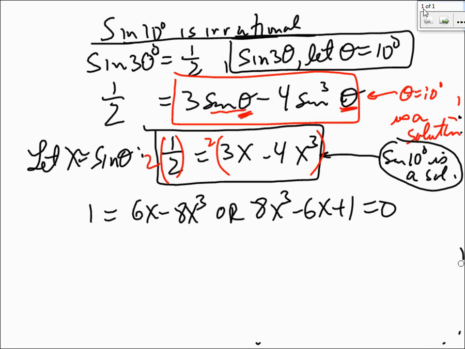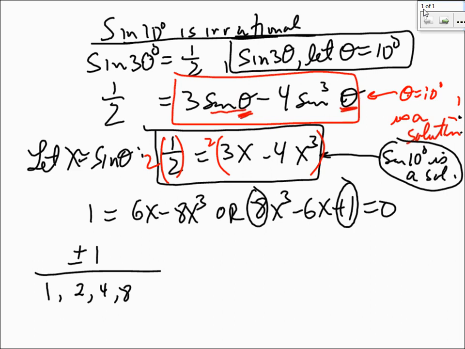Now, by the rational root theorem from pre-calc, we know that integers that go into 1, namely plus minus 1, divided by numbers that go into 8, which are 1, 2, 4, and 8, tells us what the possible rational roots are.